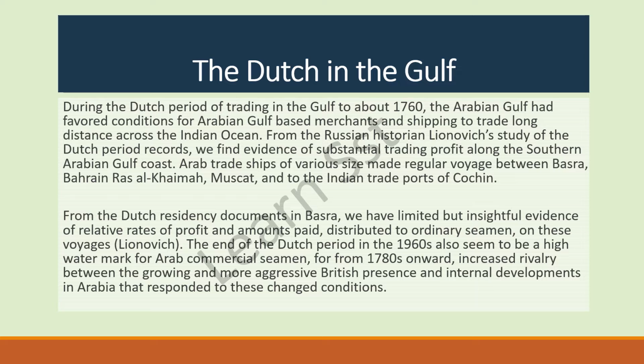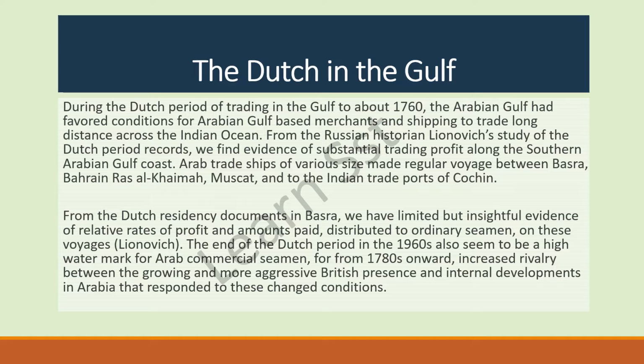From the Dutch residency documents in Basra, we have limited but insightful evidence of relative rates of profits and amounts distributed to ordinary seamen on these voyages. The end of the Dutch period in the 1760s also seemed to be a high watermark for Arabian commercial seamen.